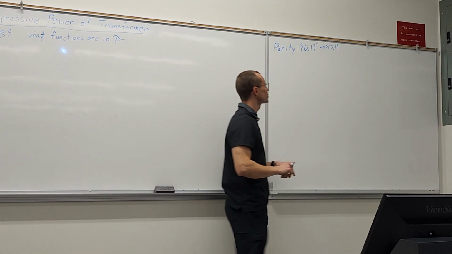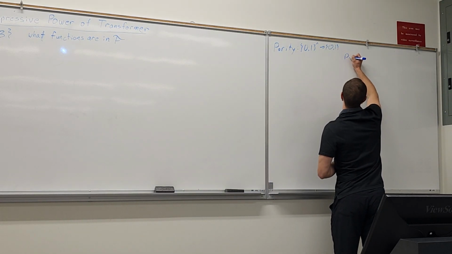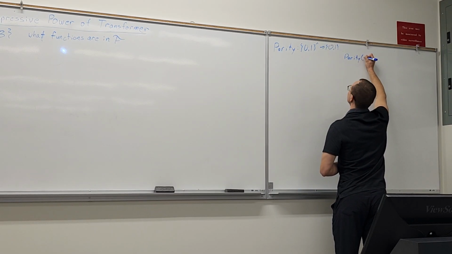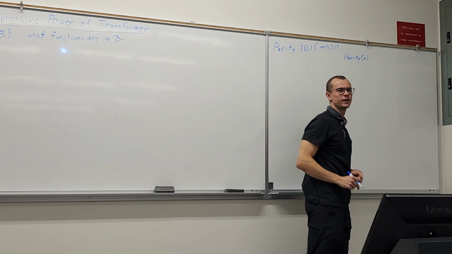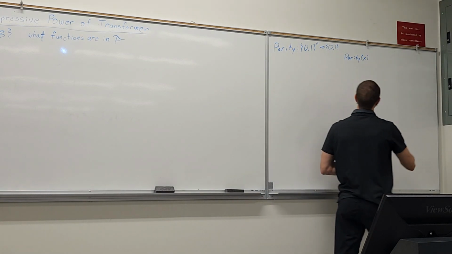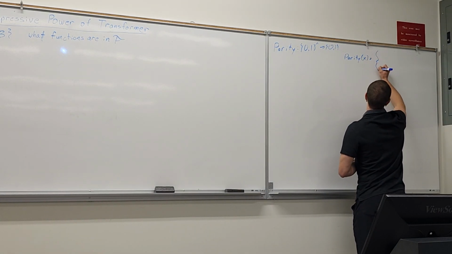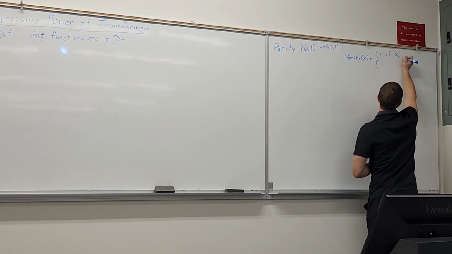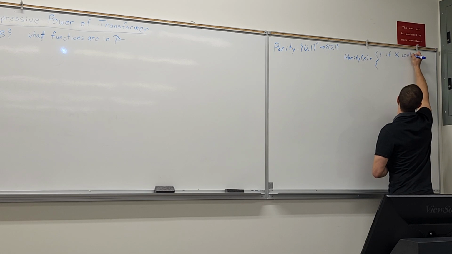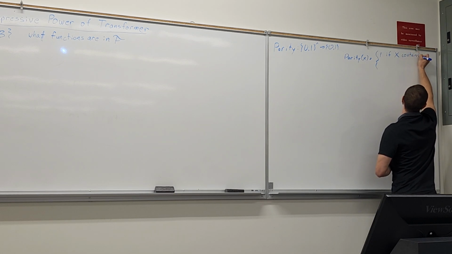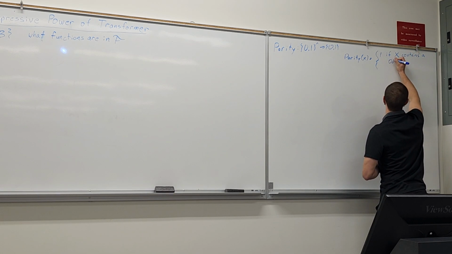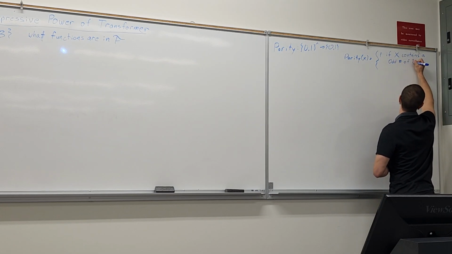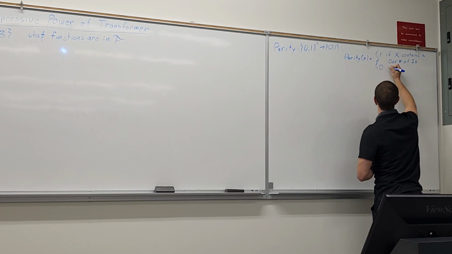The way it works is the parity function with input, let's say, x, our n-length string, is going to output 1 if x contains an odd number of ones, and 0 otherwise.